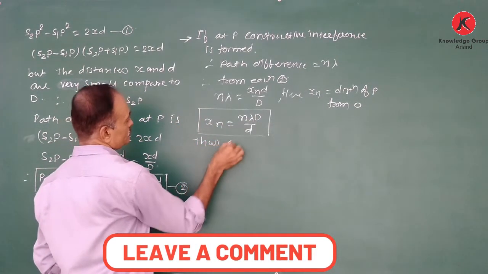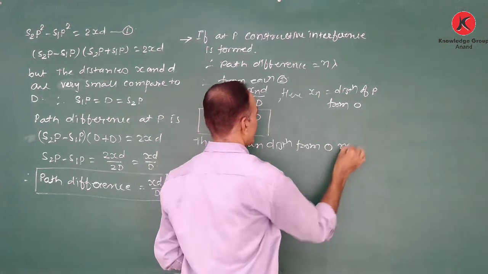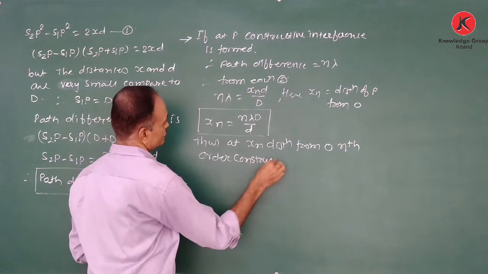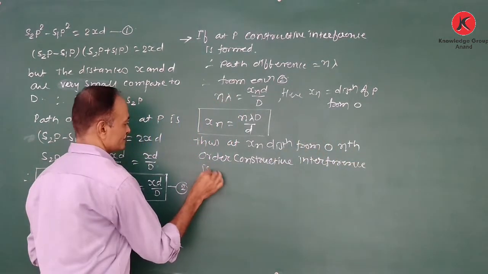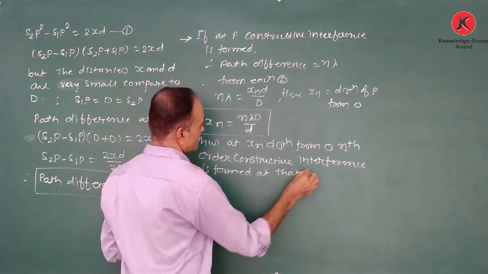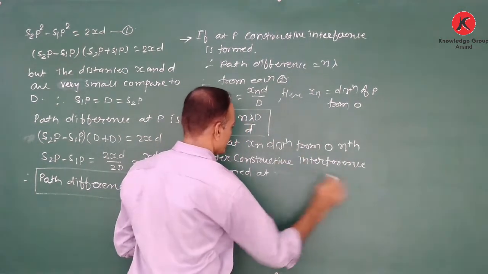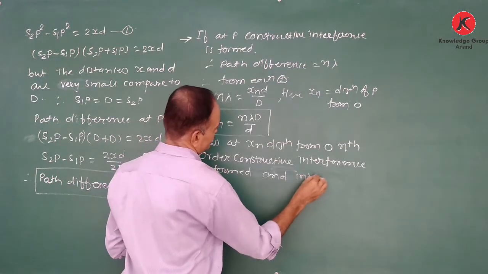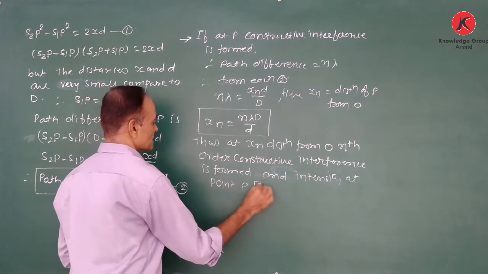Thus, at xn distance from O, nth order constructive interference is formed, and the intensity at that point P is maximum.